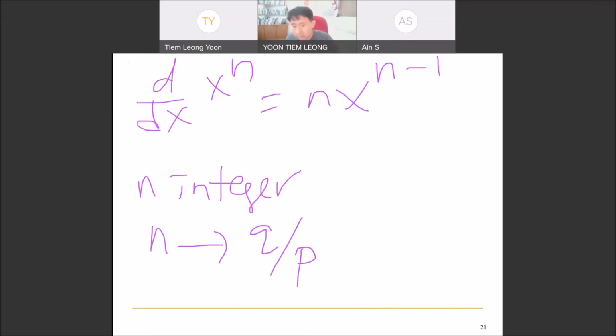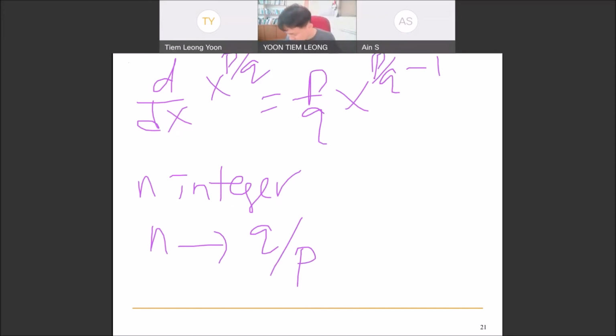Fortunately, replacing an integer n by the ratio of two integers also allows you to obtain a similar expression. The generalization is actually not quite straightforward.